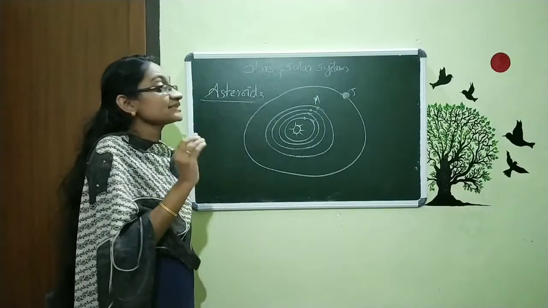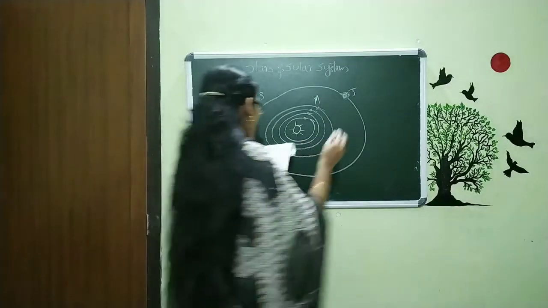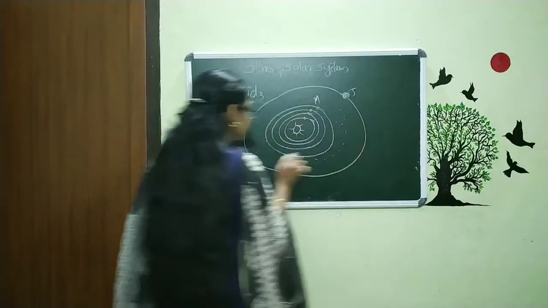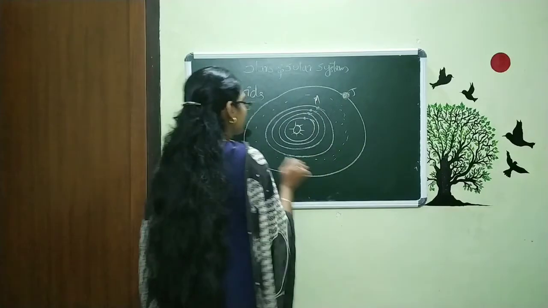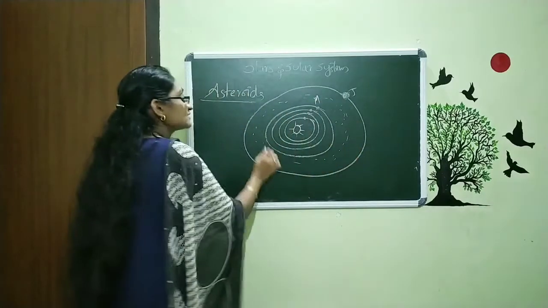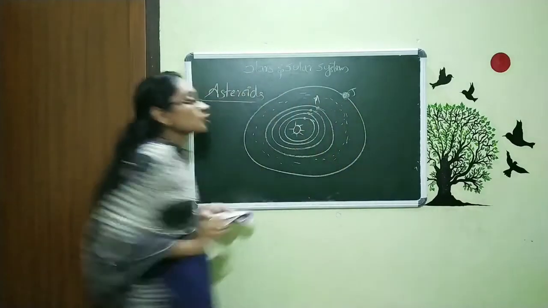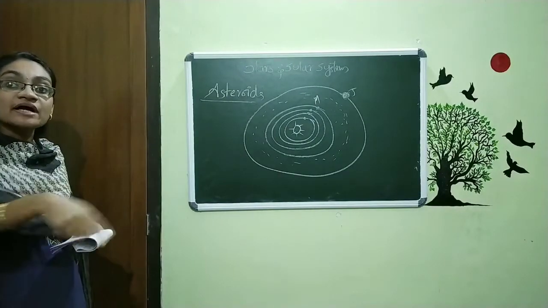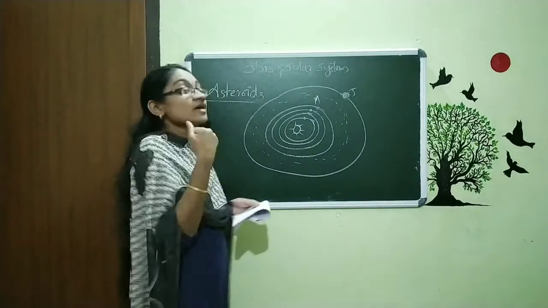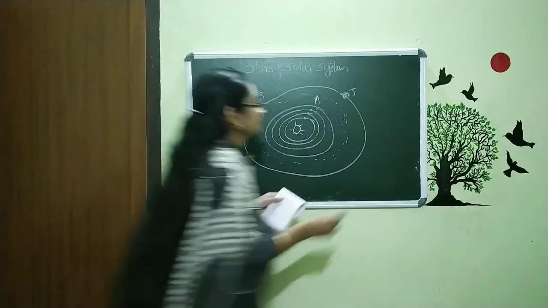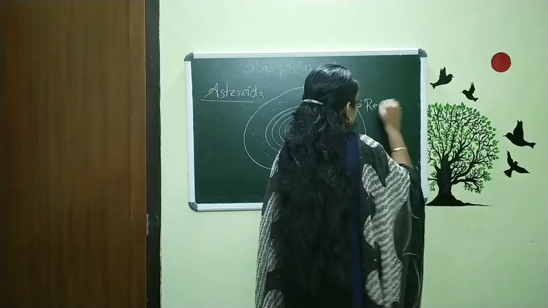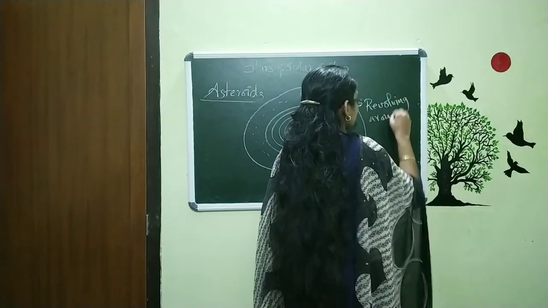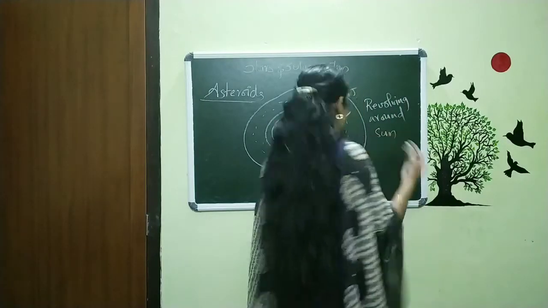And within this gap, you can see a large number of small objects are present, and these objects are revolving around the Sun.